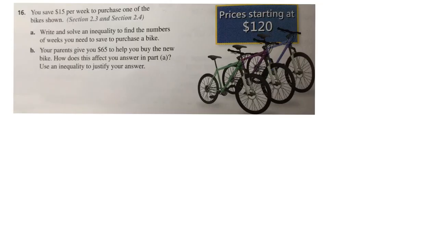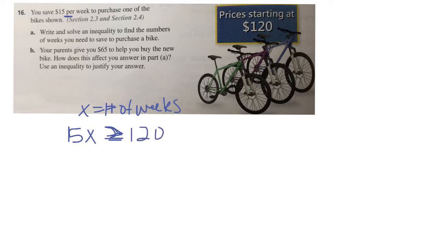You save $15 per week to purchase one of the bikes shown. Write and solve an inequality to find the number of weeks you need to save to purchase the bike. So you're $15 per week, so that's times, per, the word is times, week, x will be the number of weeks. And you need that to be more than, because if the bike starts at $120, you have to have at least $120 or more.